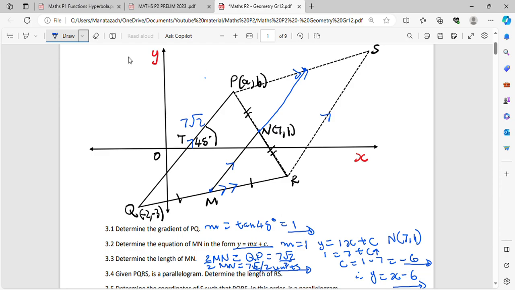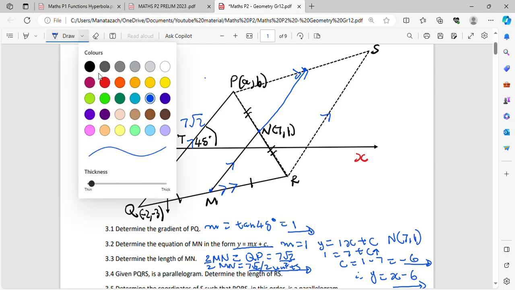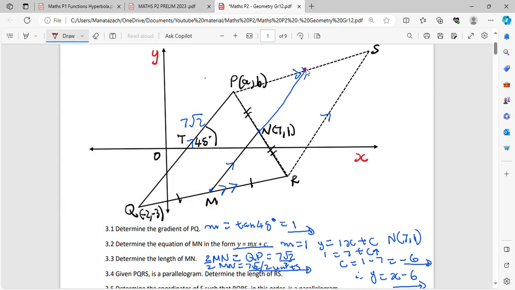Okay, let me just use a different color so that it's clear. This will be the midpoint, alright? That's going to divide PS into half. So we can say RS is 2 times this line, right? So this line is the same as MN, right?